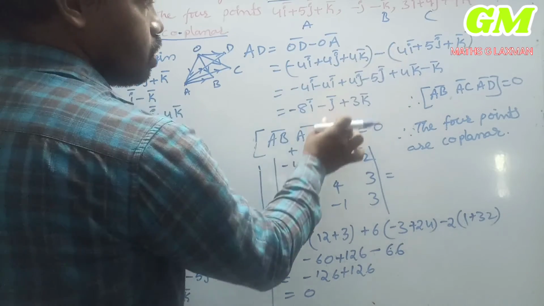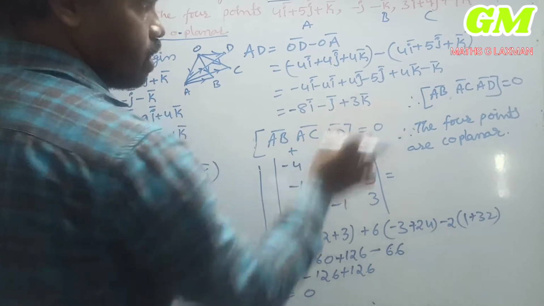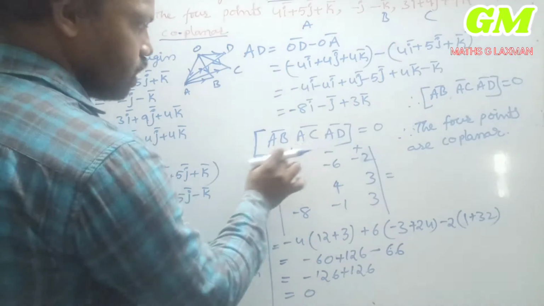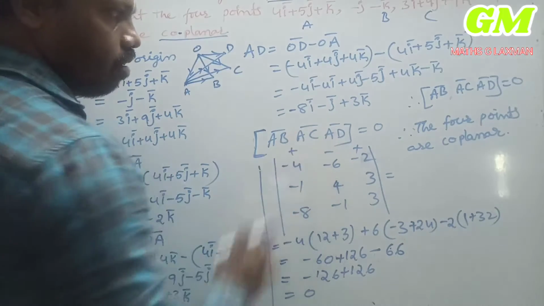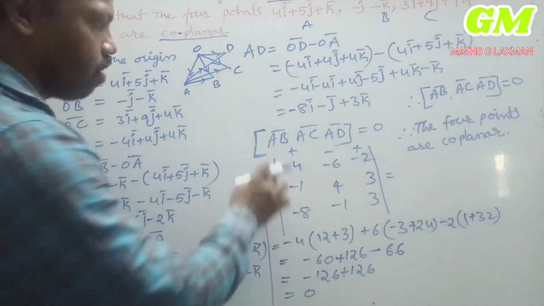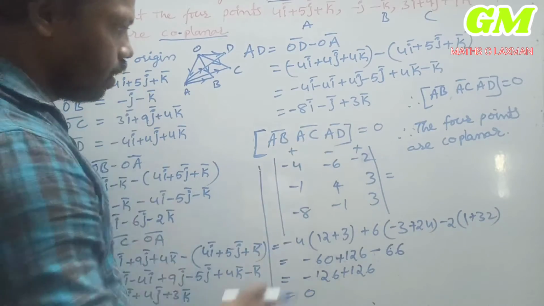By subtracting these two, we got minus 8i minus j plus 3k. So we need to find the box product of AB, AC and AD, which means the modulus of AB, AC and AD.